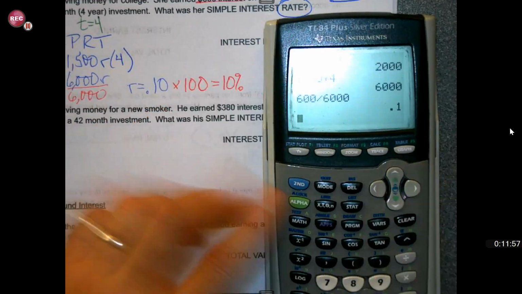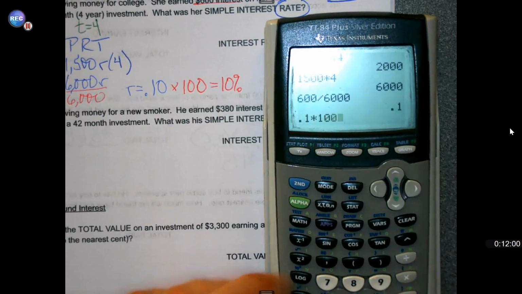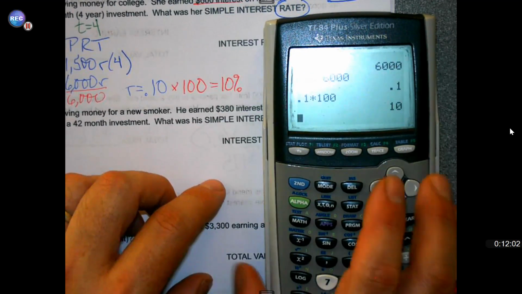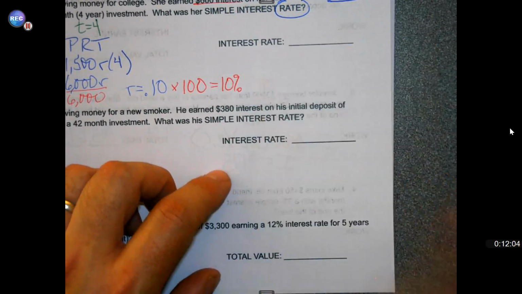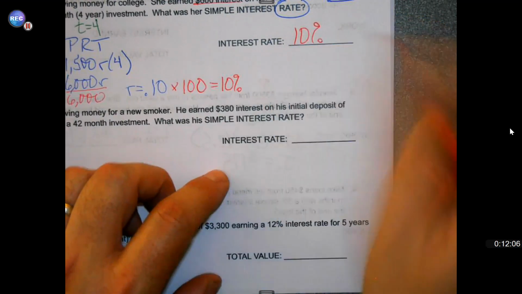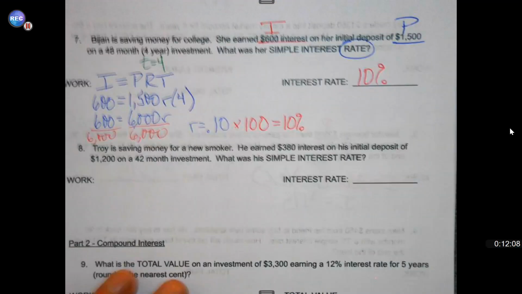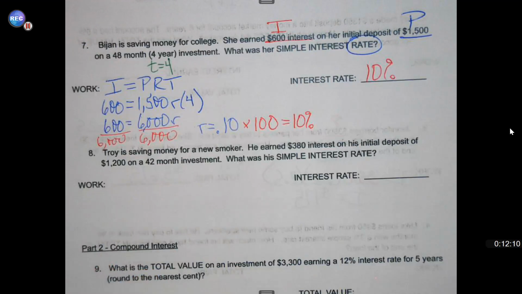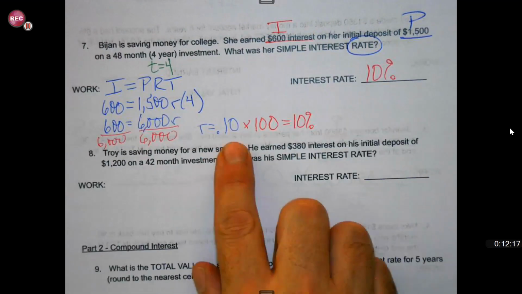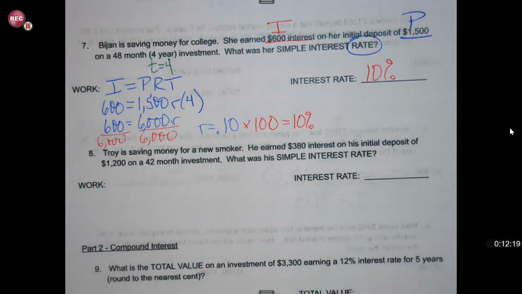And I even could have done that here. That is your interest rate. The decimal is not the rate. So maybe that throws you for a little bit of a loop. Maybe you make note of that somewhere. If the rate's a decimal, I can multiply it by 100 to get the percent back. That would work too.